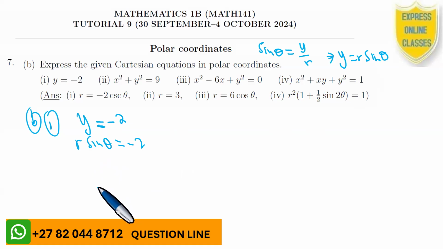So r sine theta is -2. And therefore, to solve for r, divide by sine theta, it becomes -2 divided by sine theta. 1 over sine theta is the cosecant of theta.